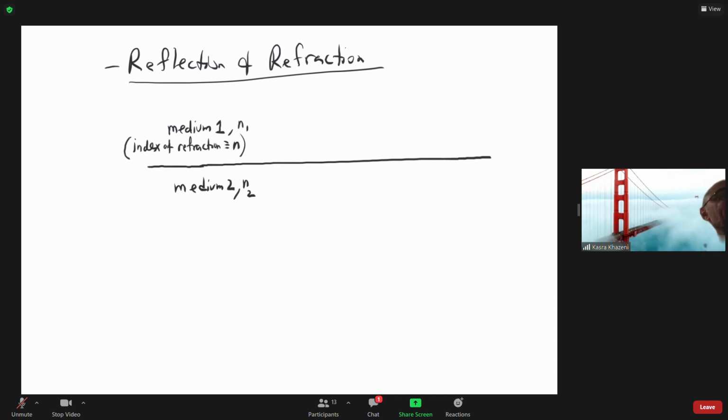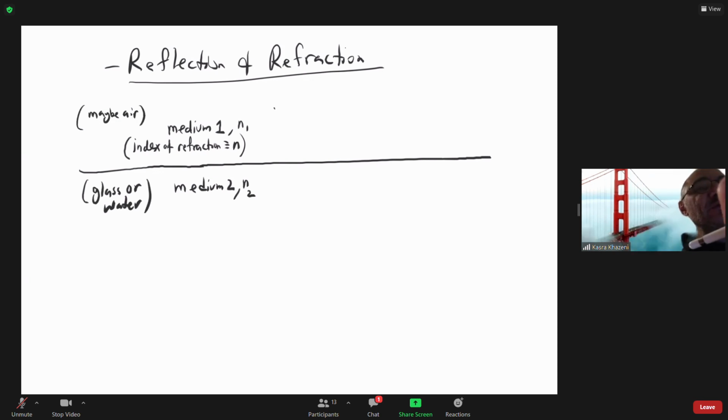An example is maybe air here, and maybe this one is glass or water. You have all seen how light goes from air into water or glass.